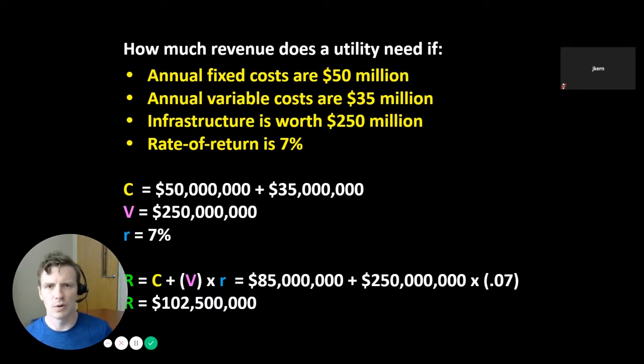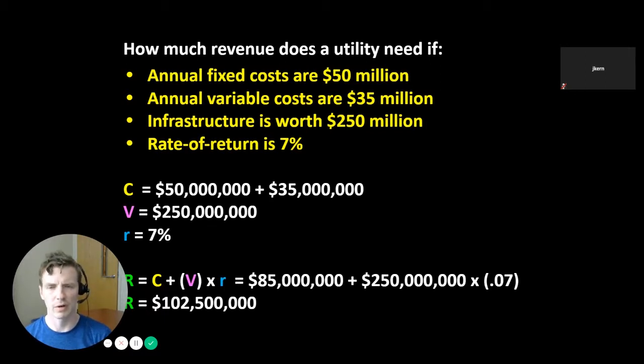So let's assume here that this example utility has fixed costs of $50 million per year, and they have annual variable costs of $35 million. Their infrastructure is worth $250 million, and their allowable rate of return for shareholders is 7%. So we can plug all of these numbers into this rate-making equation.